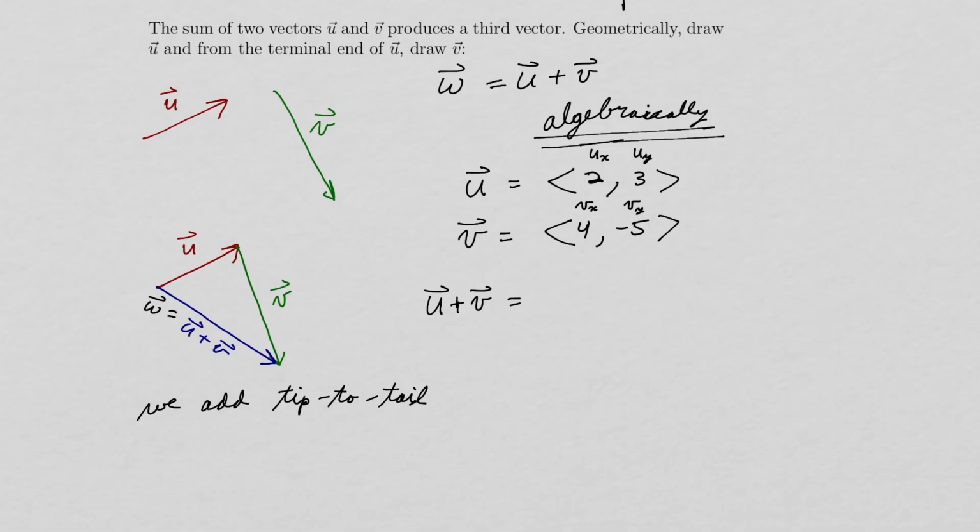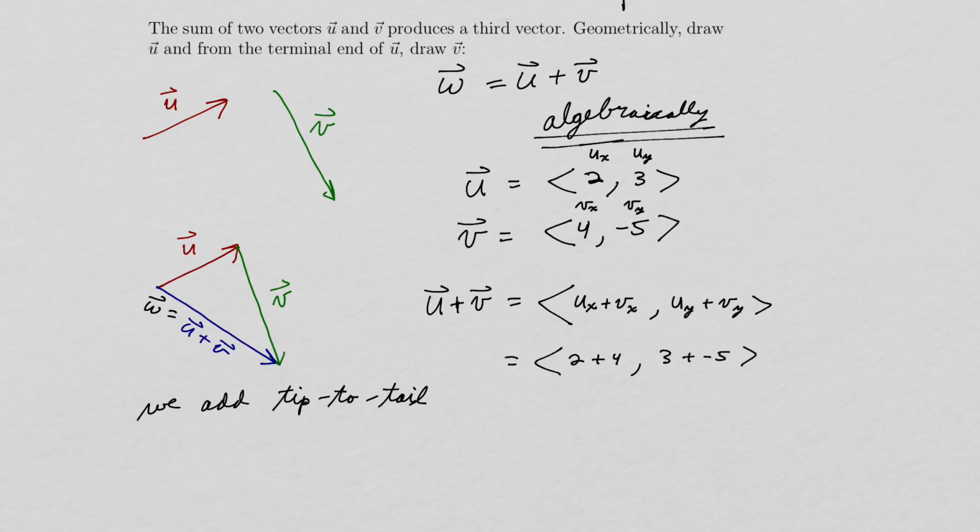So u plus v is going to be another vector in which you add the x components: ux plus vx, comma, uy plus vy. So I'm adding the x components together, 2 plus 4, and the y components together, 3 plus negative 5.